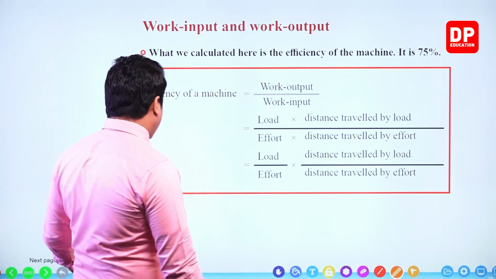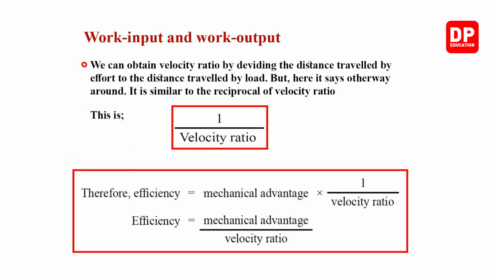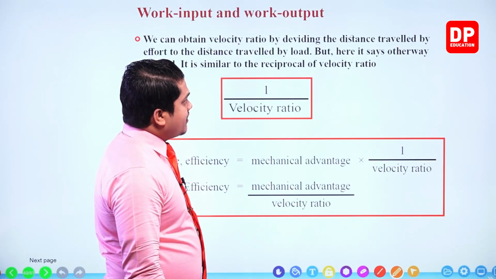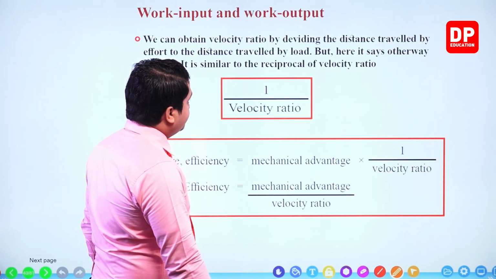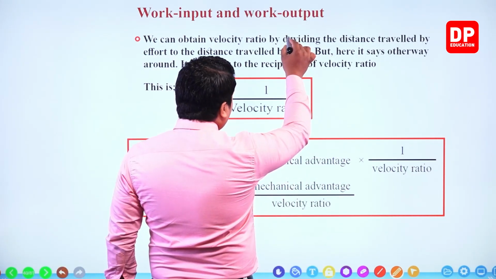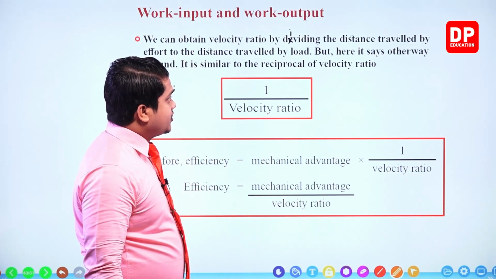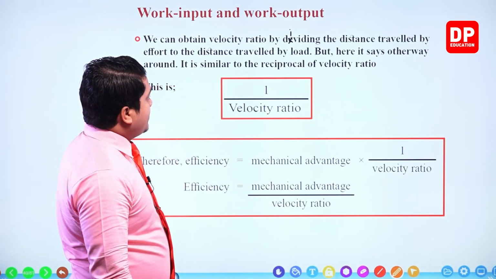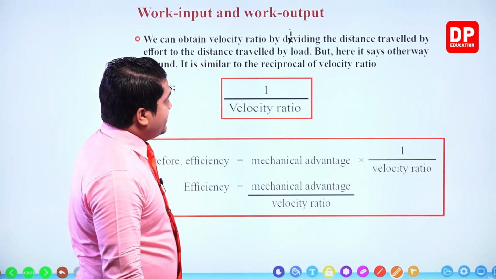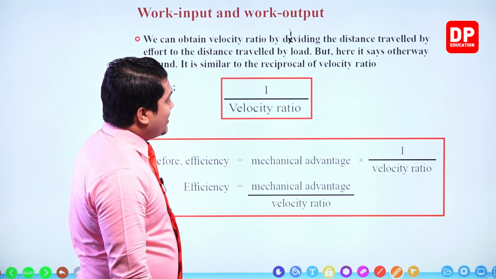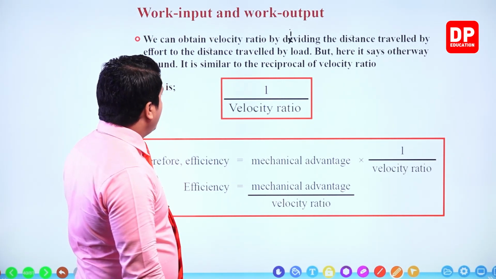Then, my dear children, we can obtain the velocity ratio by dividing the distance traveled by the effort by the distance traveled by the load. In the textbook there is a small change, and it says the other way around.